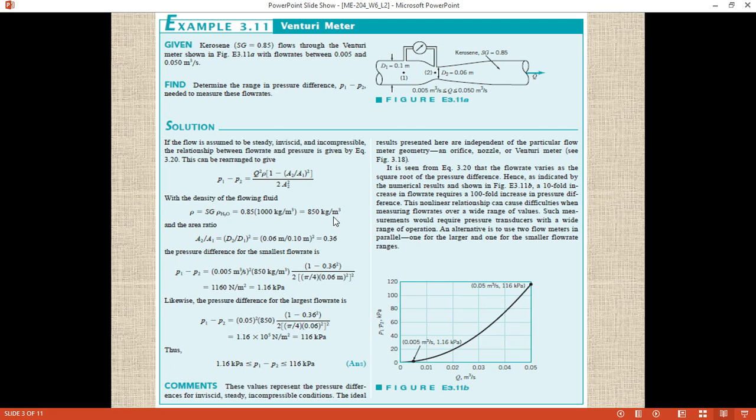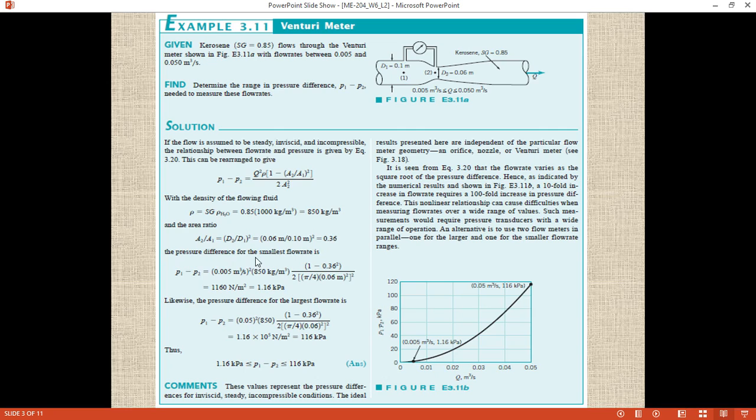So now we have to find out A2 over A1. So A2 over A1 is equal to pi D2 squared by 4 divided by pi D1 squared by 4. So they cancel each other, only D2 over D1 squared will remain, which will be equal to 0.36.